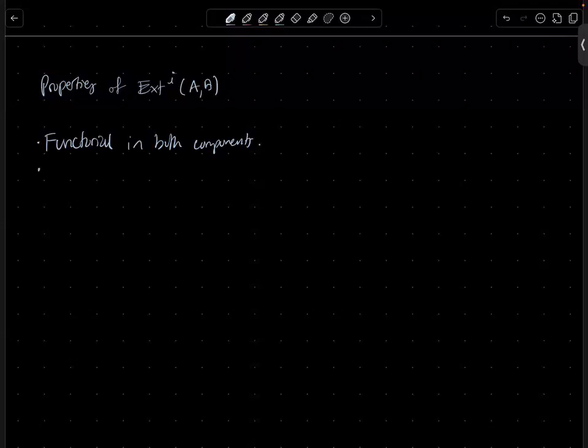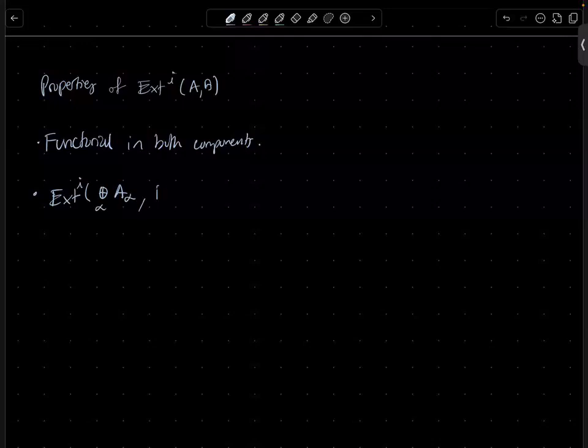Ext distributes. Well, okay, that's maybe not the best word to say, but it respects products, possibly infinite ones, in a particular way. So the relations are, so Ext^i of the coproduct of A_alpha. I'm going to use both the product and the coproduct symbol here because these relations are true for possibly infinite coproducts and products.